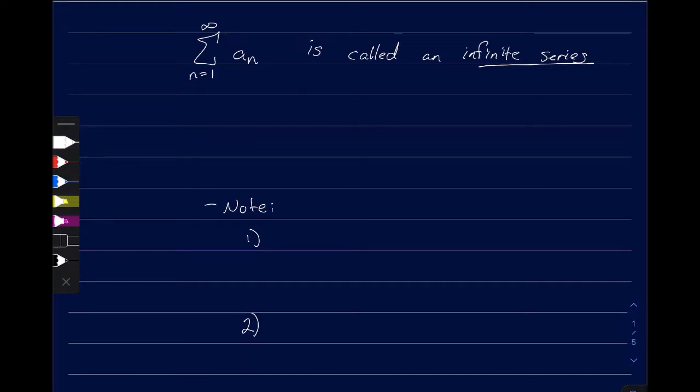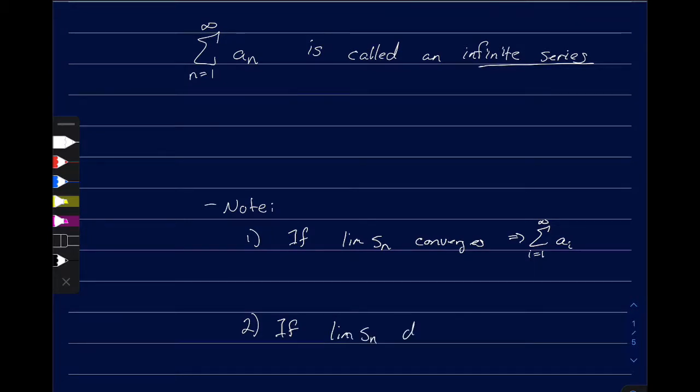Now, we're going to talk more about convergence and divergence, but let's make a couple of notes before we get really deep into it in the next couple of videos. So the first thing is that if the limit of our partial sums converges, then our sum itself converges as i ranges from 1 to infinity.